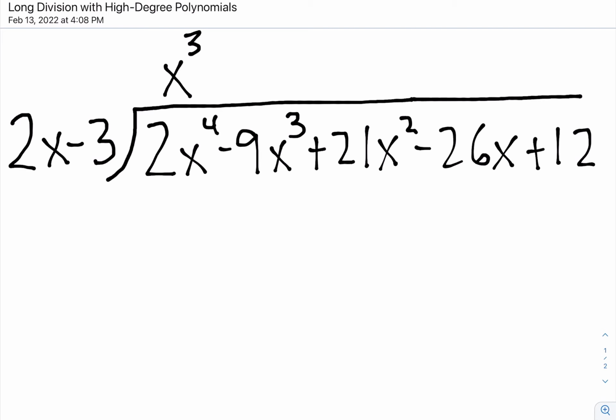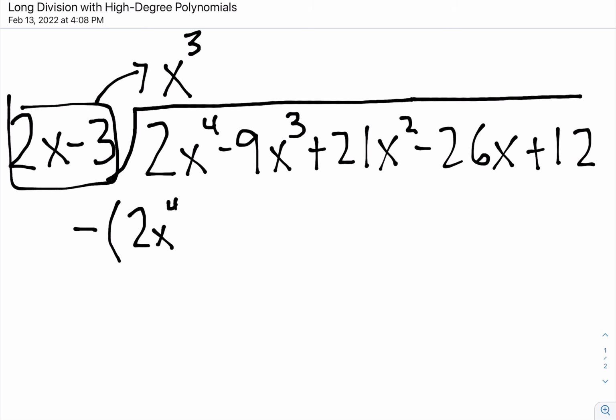So if we take 2x minus 3 and multiply it by whatever we put up in the quotient, x cubed, we get x cubed times 2x minus 3, which is 2x to the fourth minus 3x cubed.